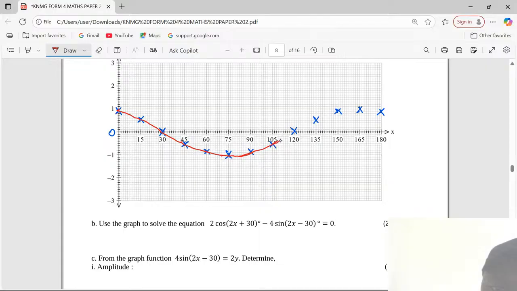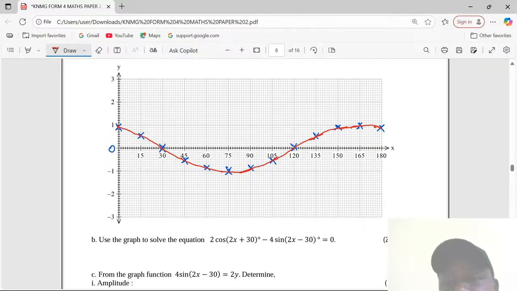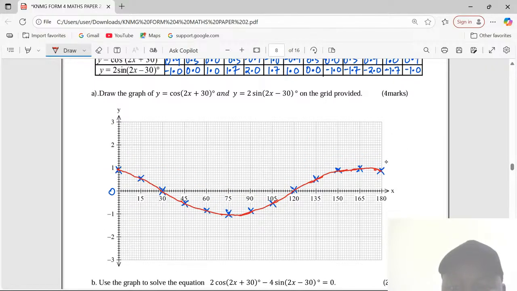Just look at how smooth my curve is. So that is the first curve. This curve is y equals cosine of 2x plus 30.